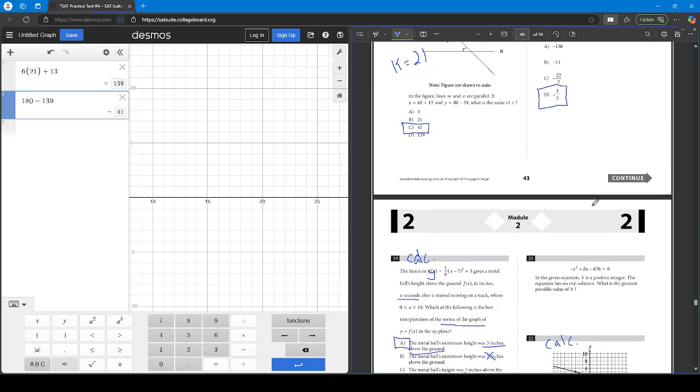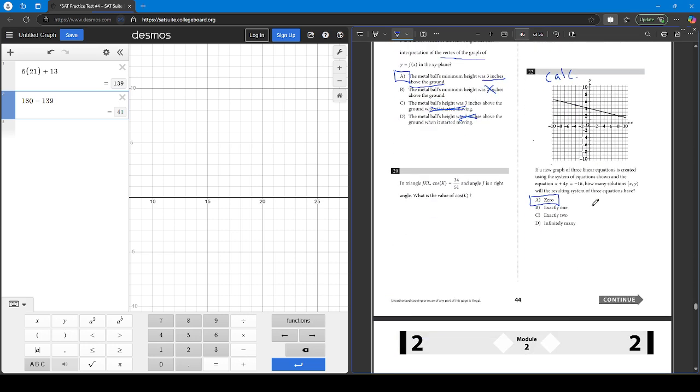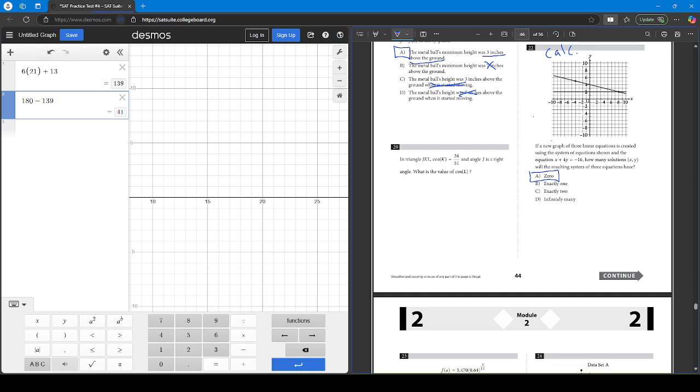And then we answered those on the calculator. Next up, number 20. In triangle JKL, J is a right angle.